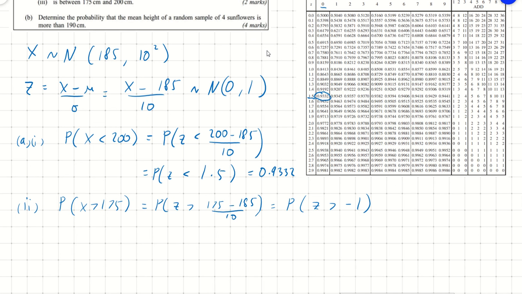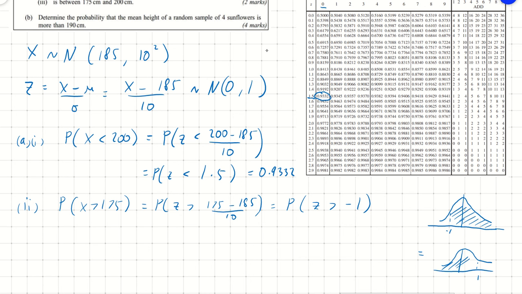So the probability that z is greater than minus 1, well, let's just have a quick think about the normal distribution. The normal distribution of z, standard normal, minus 1 is down here, and the probability that z is greater than minus 1 is that area. But that's the same as the probability that z is less than positive 1.